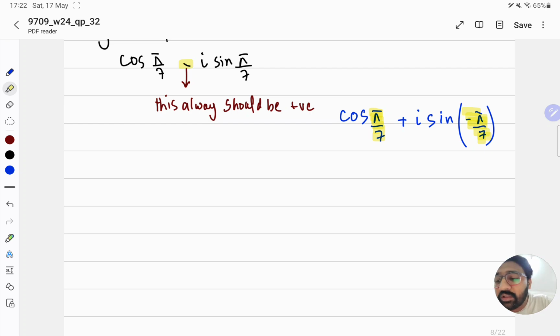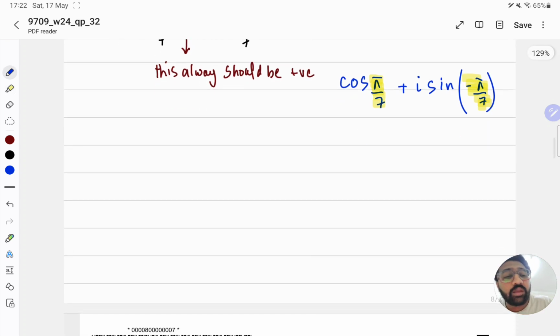You remember for the modulus arguments, the angles should be the same. So in order to make both the angles the same, we know the property of cos: cos pi by 7 is equal to cos of minus pi by 7. You can even check it in the calculator as well.